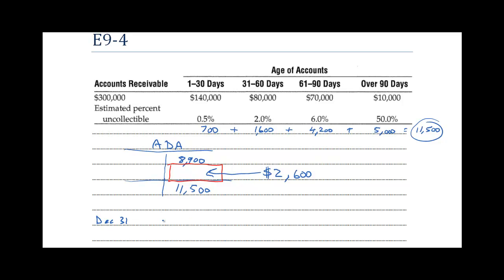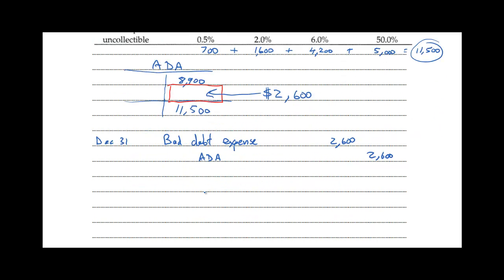We are going to debit bad debt expense $2,600, and credit allowance for doubtful accounts $2,600, to bring it into line to get it to its correct ending balance of $11,500. All right, so that was requirement number 1.